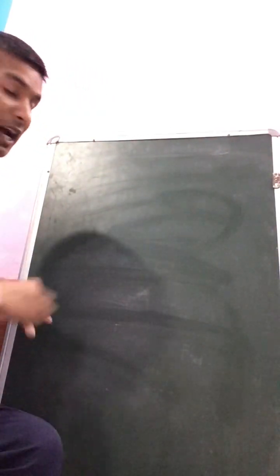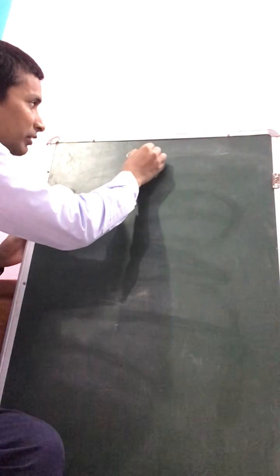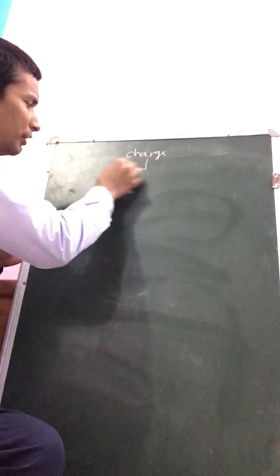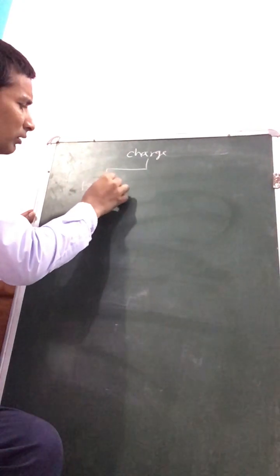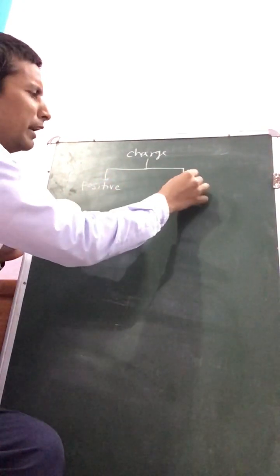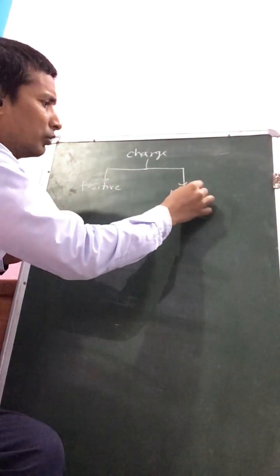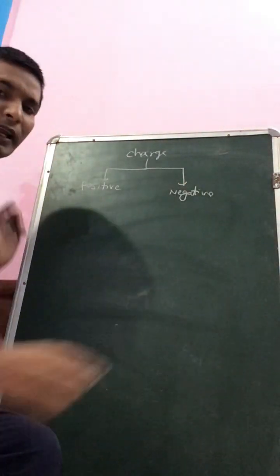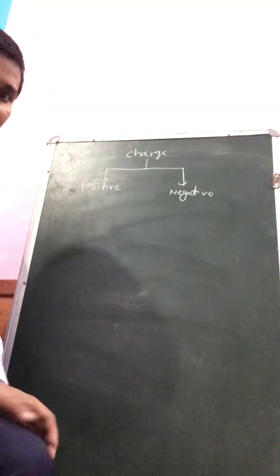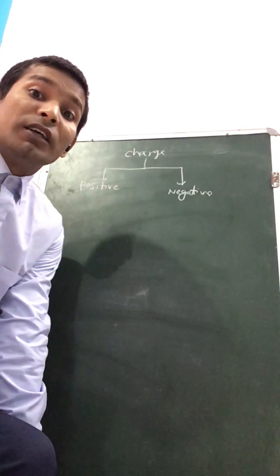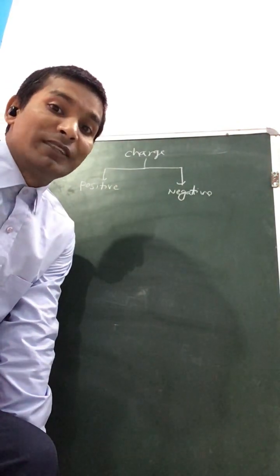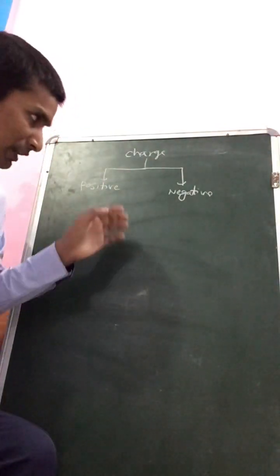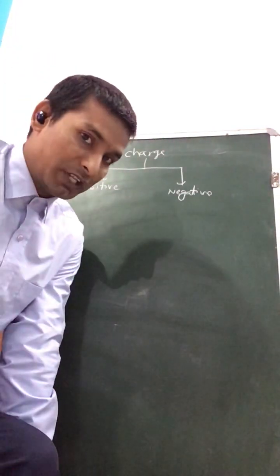So charges are of two types, positive and negative, right? And we know that similar charges repel each other and opposite charges attract each other. These are the properties of the charges.